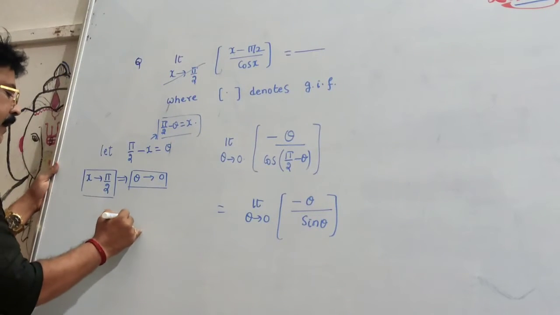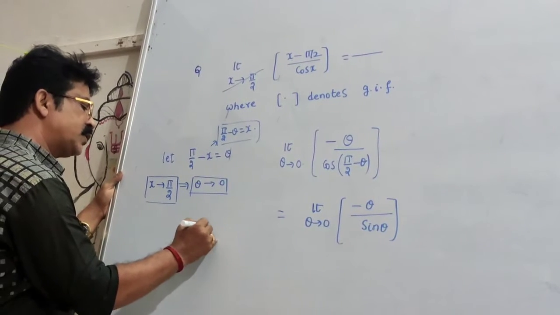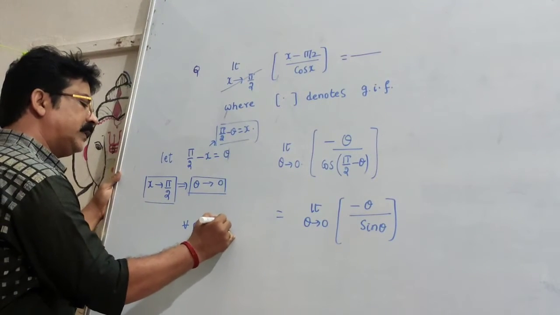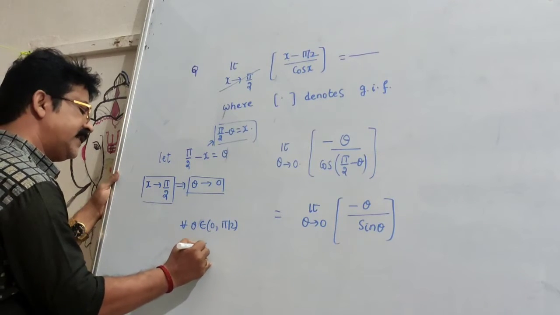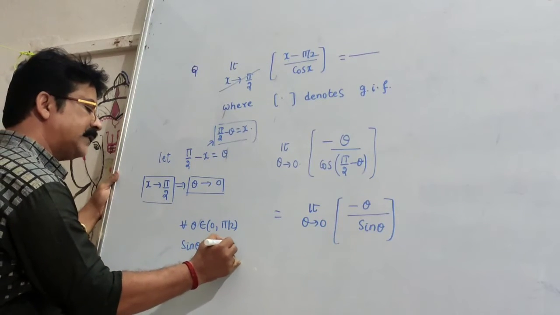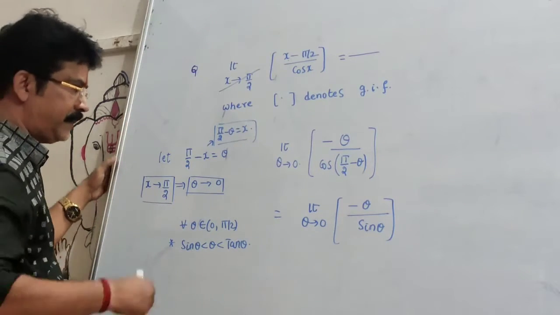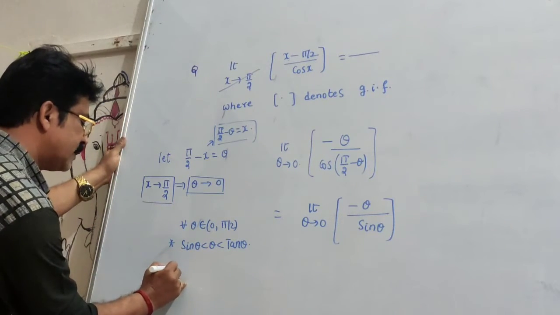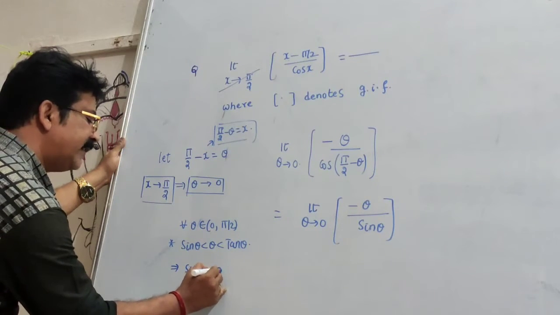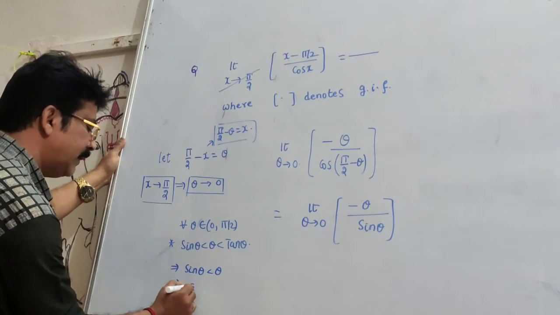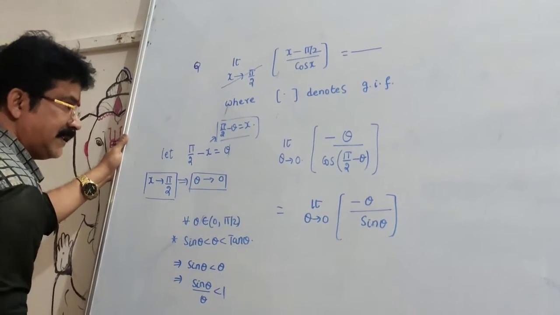Already I said, for all theta belonging to the open interval (0, pi by 2), we have sin theta is less than tan theta. It is an important formula. So therefore, from this condition, the sub-condition is sin theta is less than theta. That means sin theta divided by theta is less than 1.